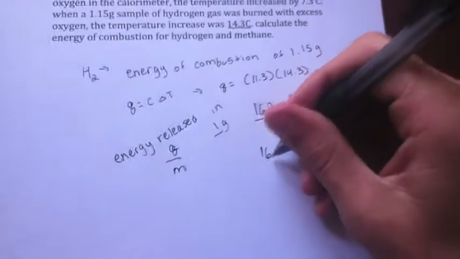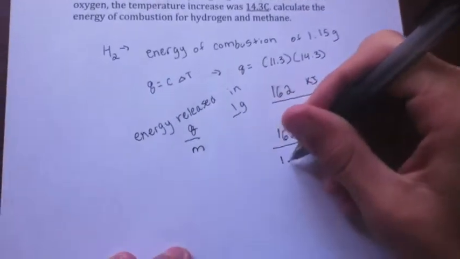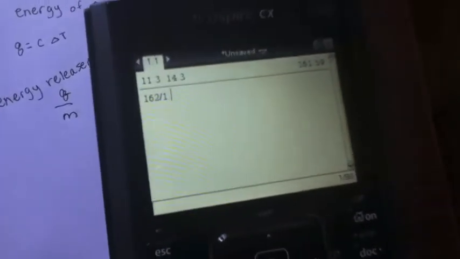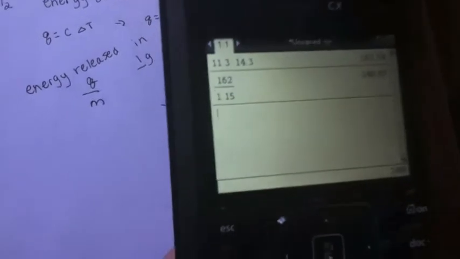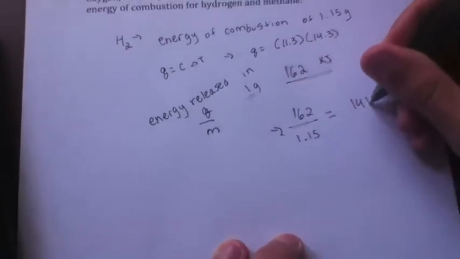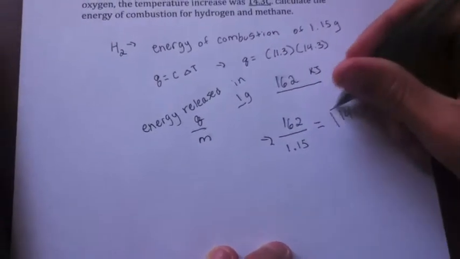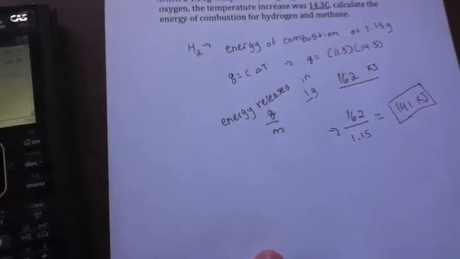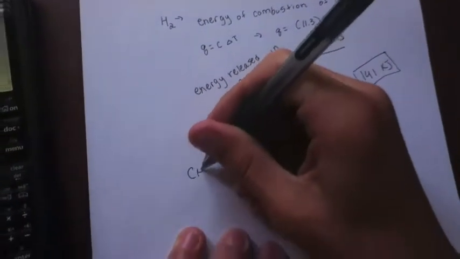So we're going to take 162 divided by 1.15. And again, we plug this into our handy dandy CAS. We get 140.87, but wait, again, it's 3 sig figs, so we get 141 kilojoules, and that's the energy of combustion for H2. But they didn't ask for just H2, they also asked for CH4.